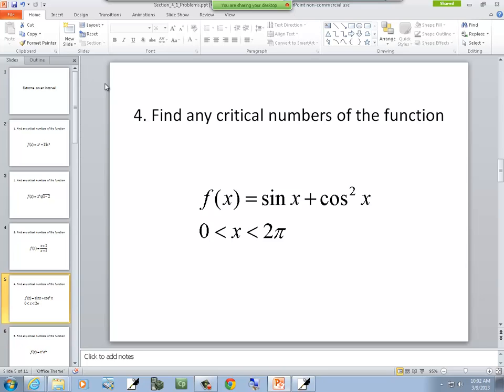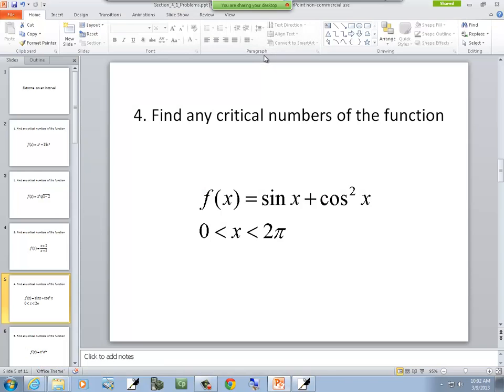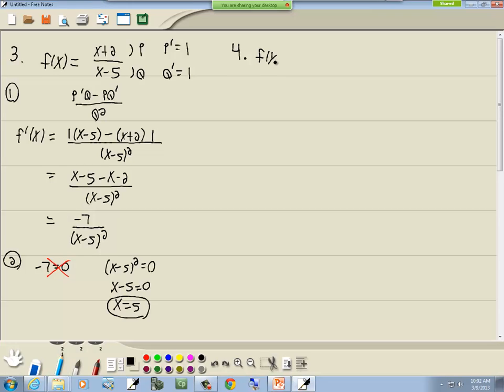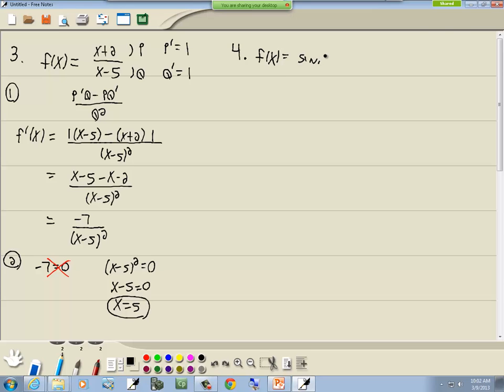Let's take a look at this one. I'll start it here. Get f of x is equal to sine x plus cosine squared, from 0 to 2 pi, not including 0 and 2 pi.